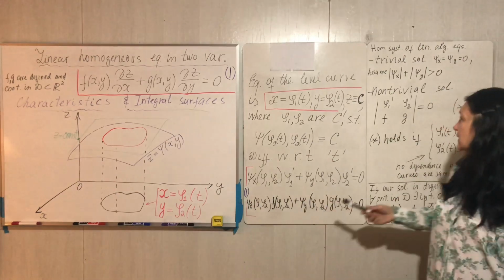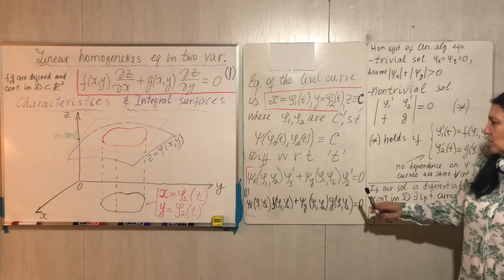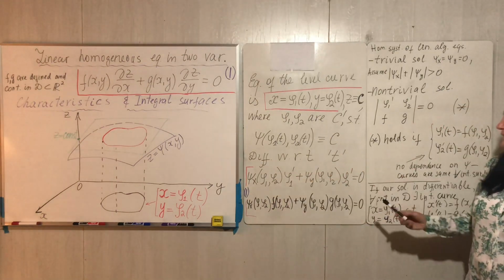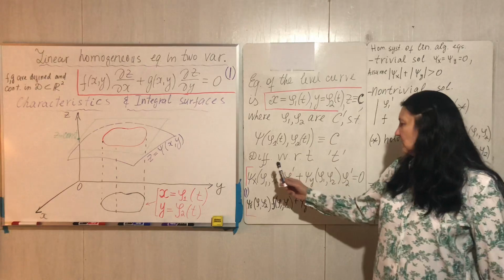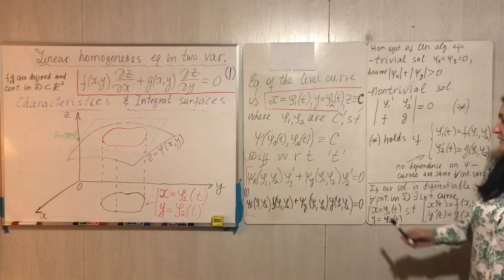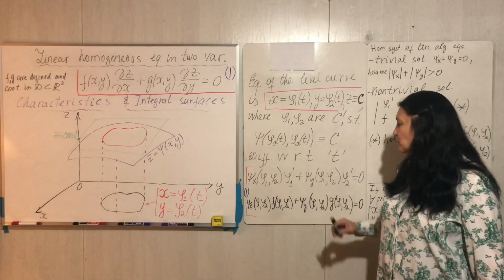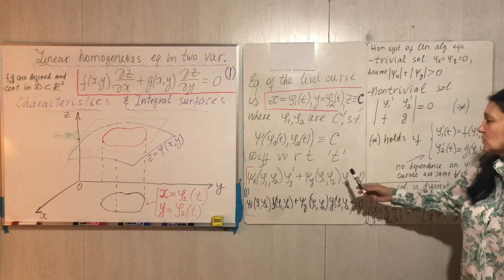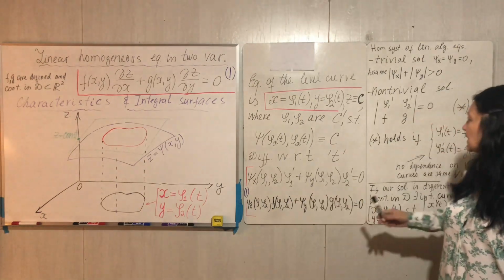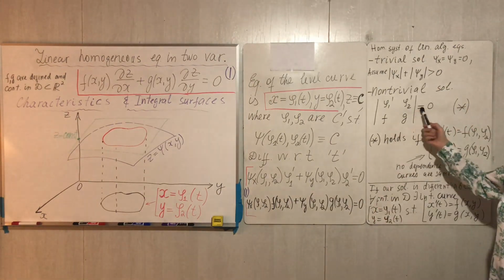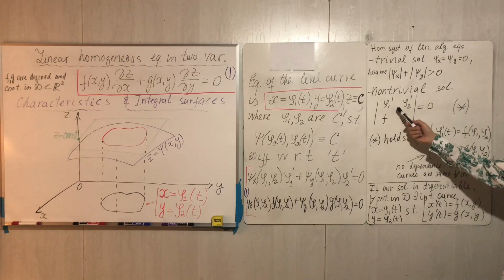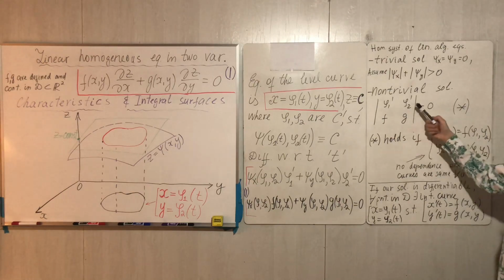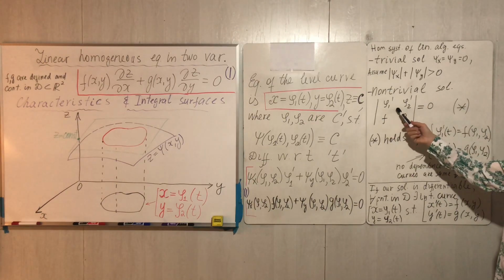So we want to find a non-trivial solution, and a system of linear homogeneous equations has one if the rank of the system is less than n, here less than 2. So basically our coefficients are linearly dependent, so the determinant must be 0. We can write this condition if we want to find non-trivial solutions.